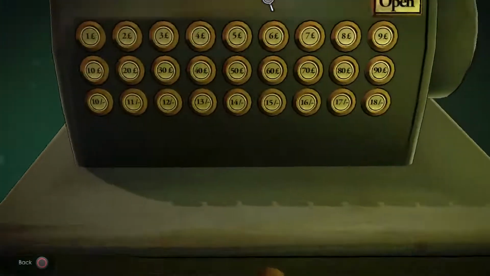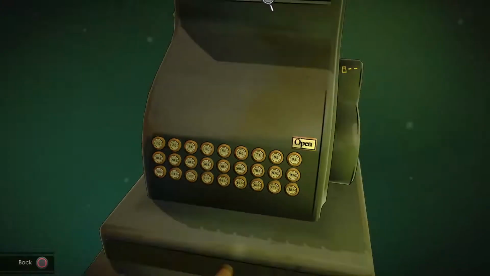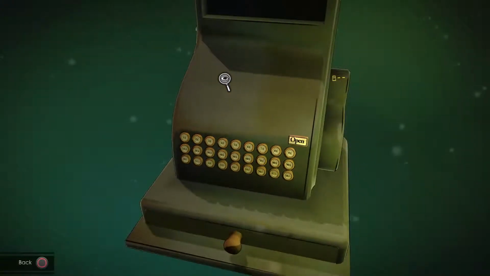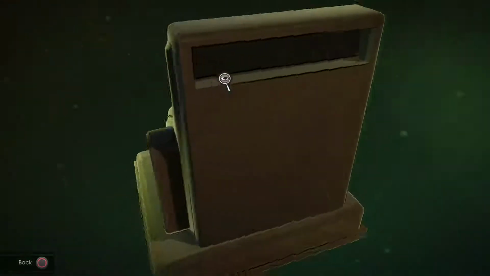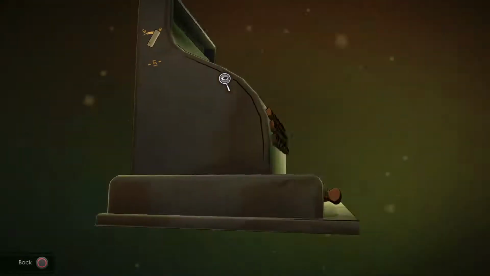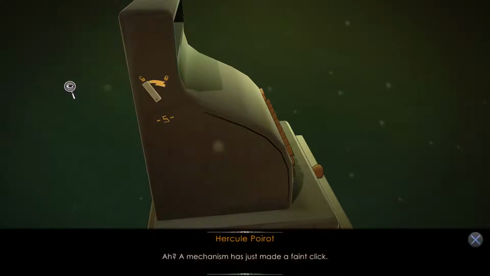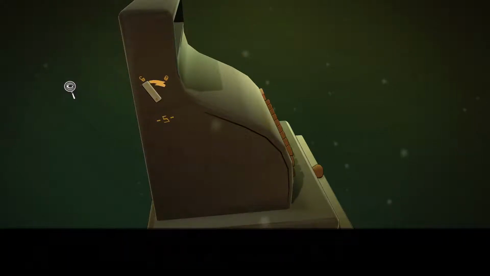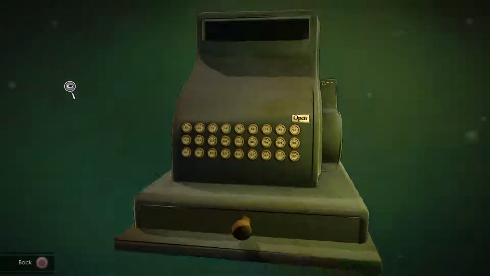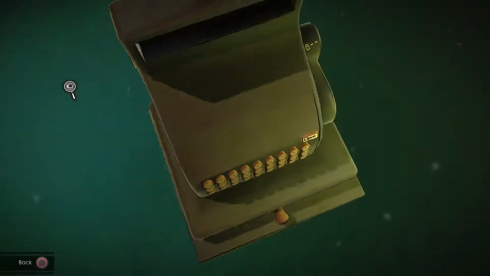Aha! Ah, a lock. A mechanism has just made a fan click. We can't look underneath? All right.